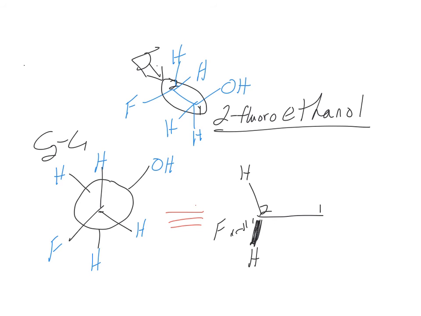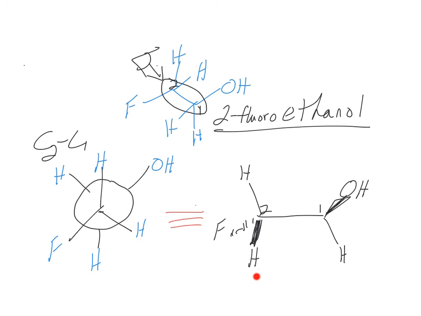Now if I go back to carbon 1, what's straight down is an H, so that's in the plane. What's up and to the right? OH, so that would be wedged or hatched? Wedged. If you got confused on that, look at this H and this OH: they are on the same side.